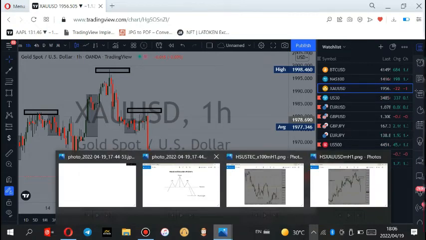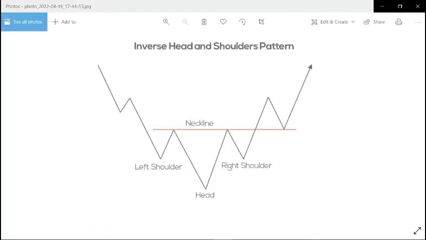So let me show you how head and shoulder patterns look. Head and shoulder patterns actually look like this. If you see a head and shoulder pattern on a bigger time frame, it will be a big reward if you go into the smaller time frame and look for your entry there.